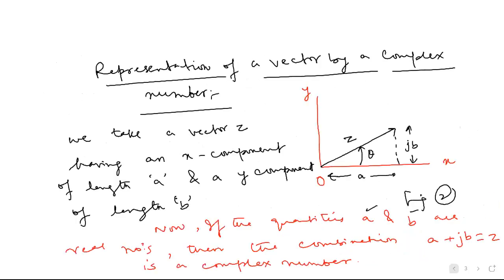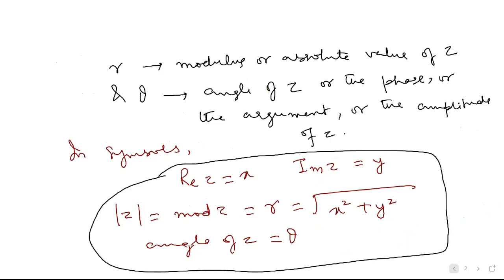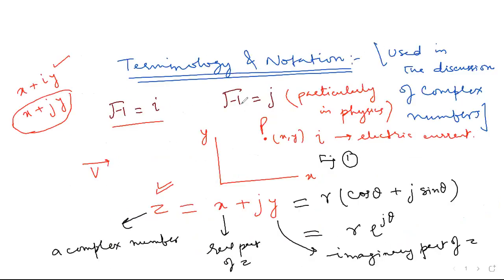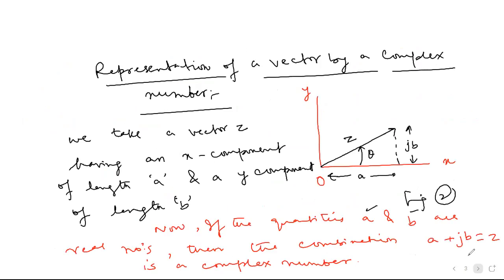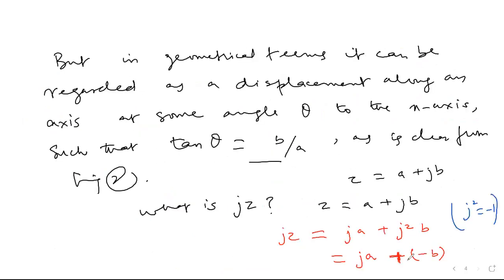Remember, we are using j instead of i. j is square root of minus 1. So j square is minus 1. I replace here j square by minus 1. So I get jz. The complex number jz is ja minus b.